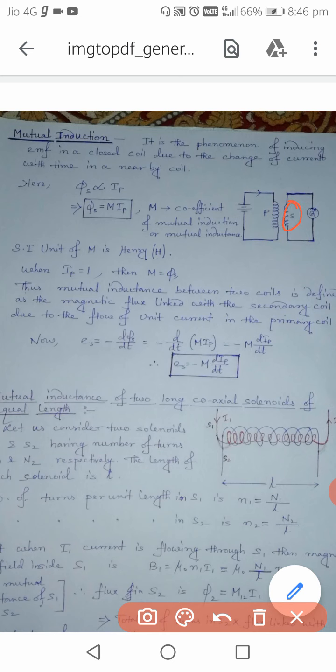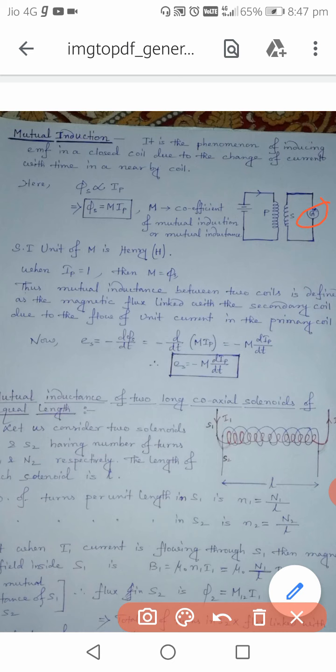Here we are not focusing on the primary. Current is flowing through the primary, but we are focusing on the secondary. That means flux is changing with the secondary. If flux changes in the secondary there will be an induced EMF or induced current, which will be detected by the galvanometer. This phenomenon is called mutual induction.